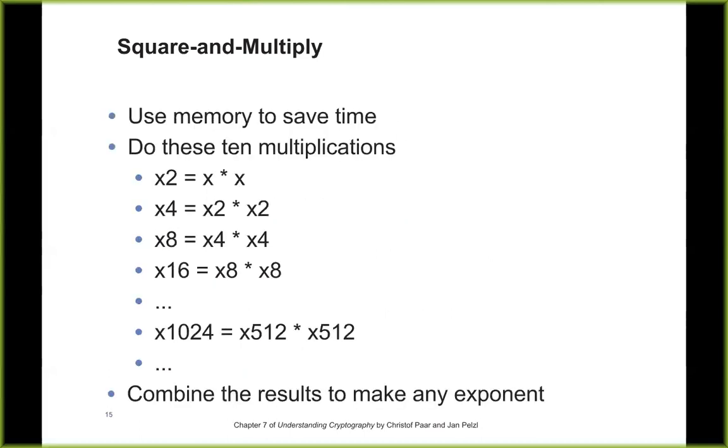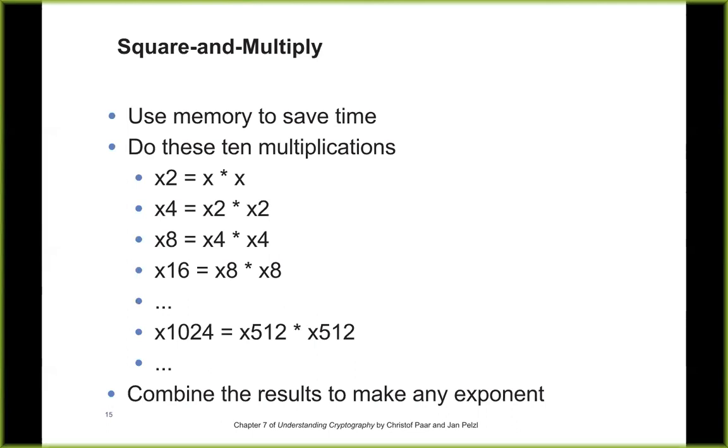What you do is you use a time-memory trade-off. This is often the solution. Instead of just doing it one step at a time, you compute partial products that get you in the direction you want to go. So now x^2 is x squared. You calculate the fourth by multiplying those two together, then the 8th, the 16th, and you go down to 1024. And now I think you only need 10 rows to get down here. And now that you have these values, you just multiply them together.